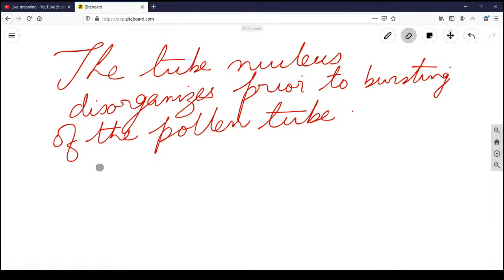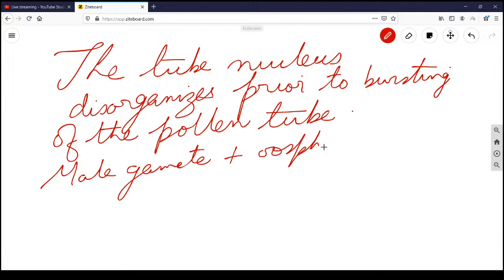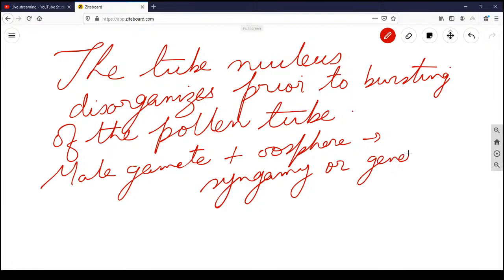This event is known as syngamy or generative fertilization.